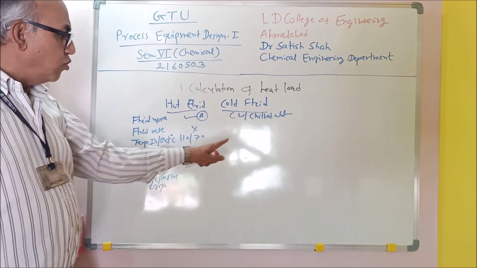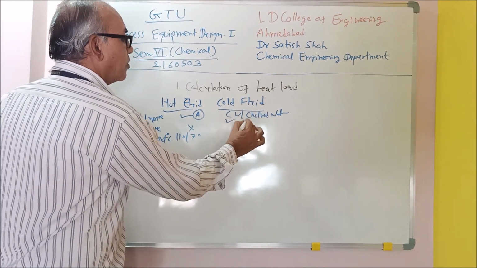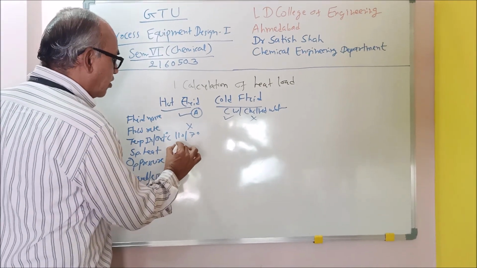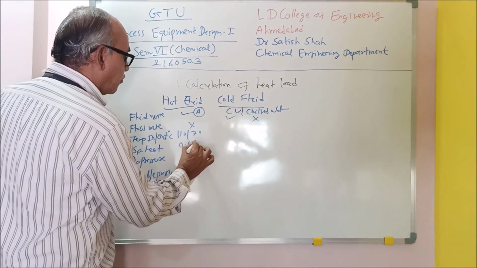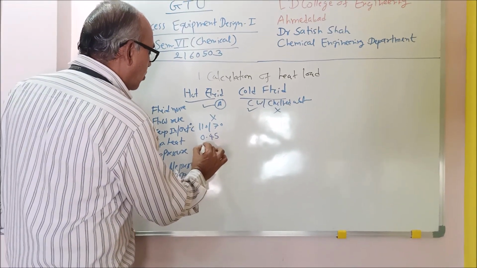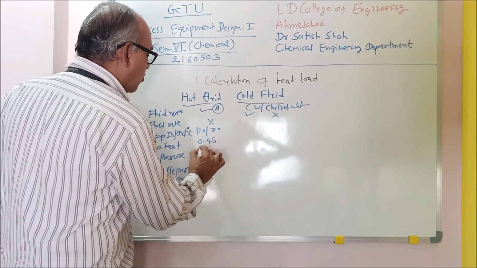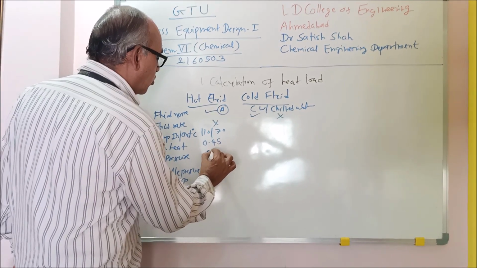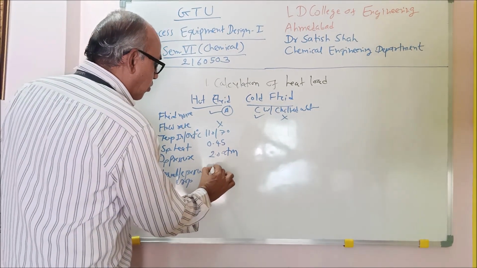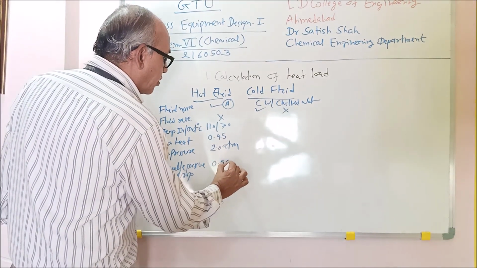And for this I am using cooling water. I am not using chilled water. The specific heat of this fluid is, let us say, 0.45. And the operating pressure is almost atmospheric, or slightly more than atmospheric, let us say 2 atmosphere. Allowable pressure drop is say 0.5 atmosphere.